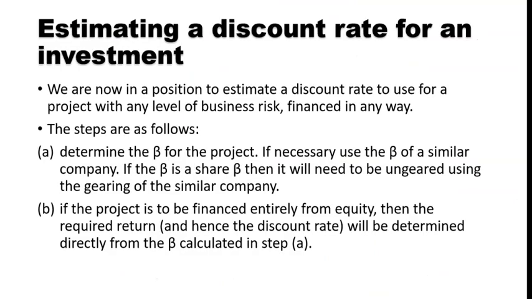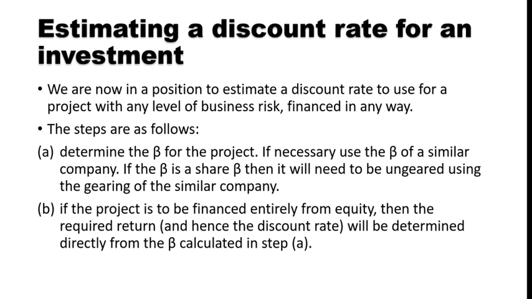We need to first determine the beta for the project, as we did in the cost of equity for a particular project. So if necessary, we need to use the beta of a similar company. If the beta is a share beta, then it will need to be ungeared using the gearing of the similar company.